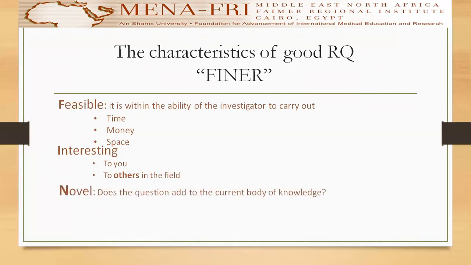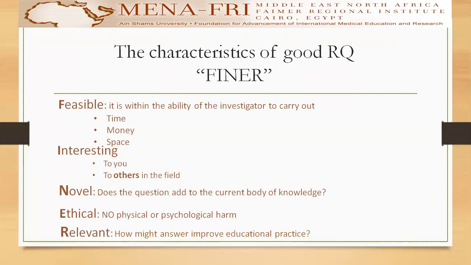It's novel. Novel means: does the question add to the current body of knowledge? Ethical. Ethical means no physical or psychological harm to the participants. And relevant. How might the answer improve educational practice?